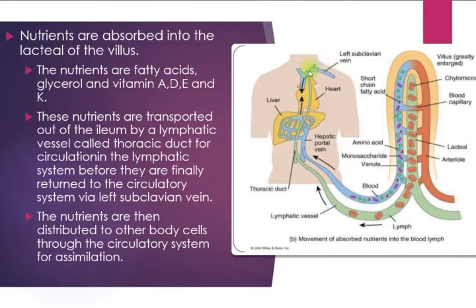So these two vessels, the thoracic duct and the left subclavian vein, are connected. The thoracic duct will transport the nutrients, which consist of the fatty acid, glycerol, vitamin A, D, E, K, back to the blood circulatory system by the left subclavian vein.